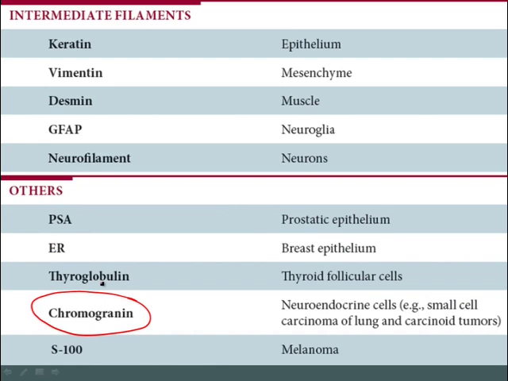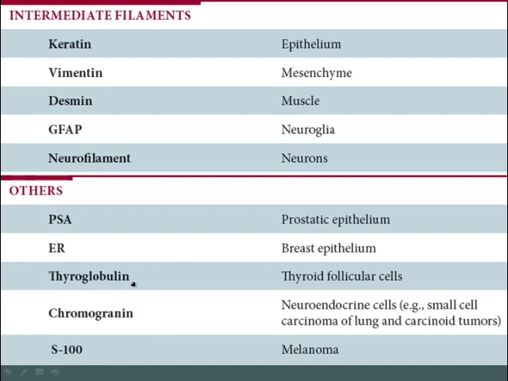The most well-differentiated and sort of best type of neuroendocrine cancer that you can get is called a carcinoid tumor, and the worst and most poorly differentiated neuroendocrine tumor that can develop is a small cell carcinoma. And so this is sort of a spectrum of tumors that arise from neuroendocrine cells. It is important to understand that both small cell carcinoma and carcinoid tumors are derived from the same cell type, i.e. neuroendocrine cells, and it is very high yield to know that chromogranin is expressed in neuroendocrine cells.